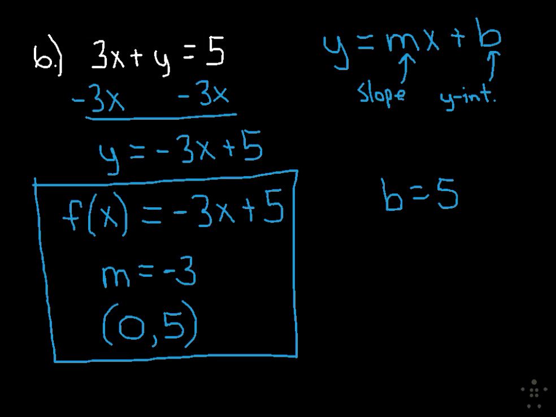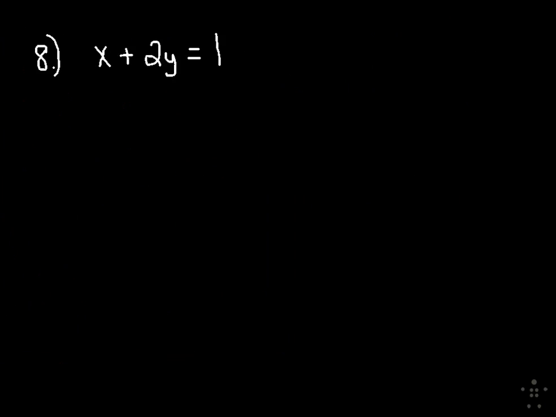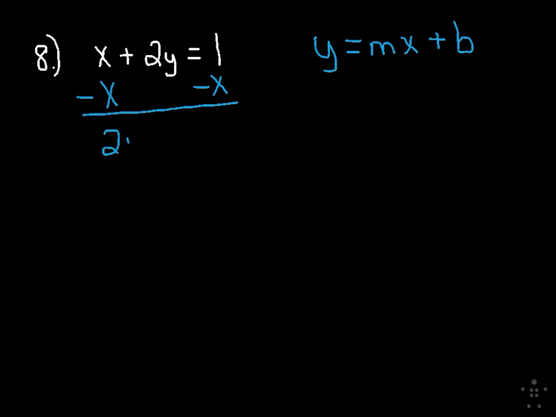Let's now move to question number 8. Question number 8 says state the slope and y-intercept of each equation. So again, I'm thinking of my slope-intercept form. This is most valuable. y equals mx plus b. So let's solve for y. Get y by itself. Get 2y is equal to negative x plus 1. Divide everything by 2, each term, or both sides.